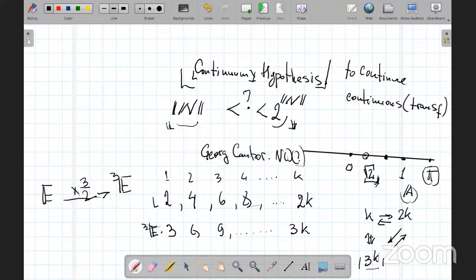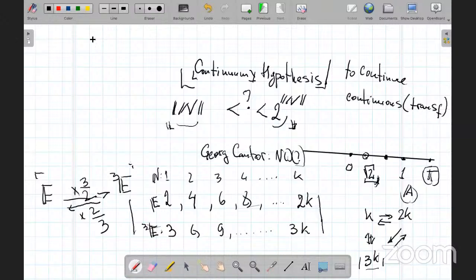Here is my E, and here is my N. So here I multiply, and then to go back, I divide, or say I multiply by 2/3. So it also works. Of course the answer is positive. They are the same cardinality. They are both countable, and that's how I establish a one-to-one correspondence between them.